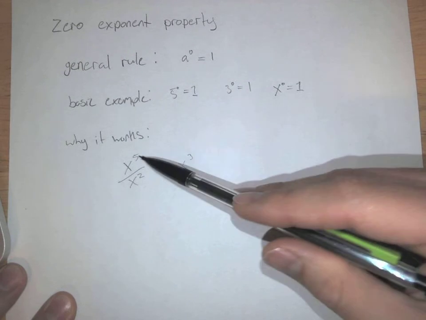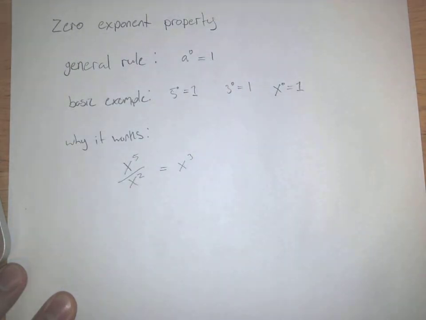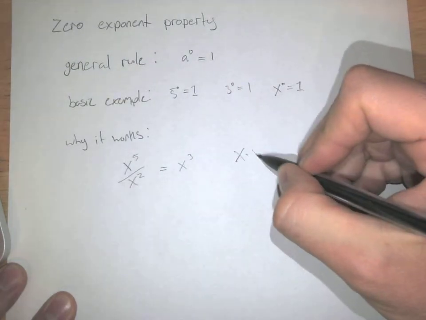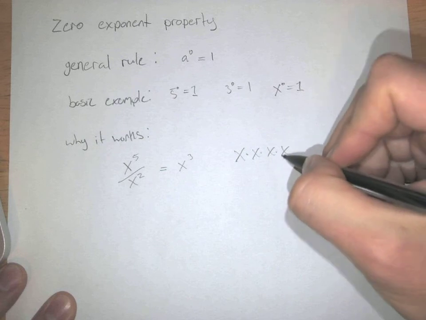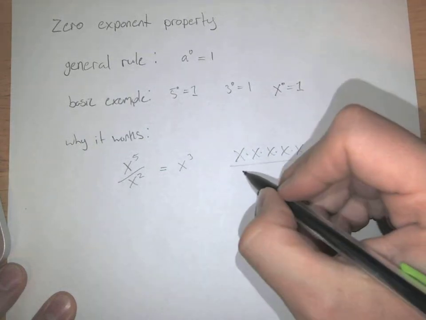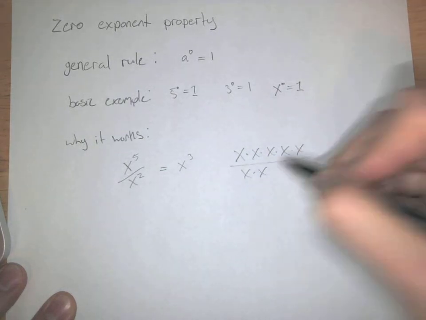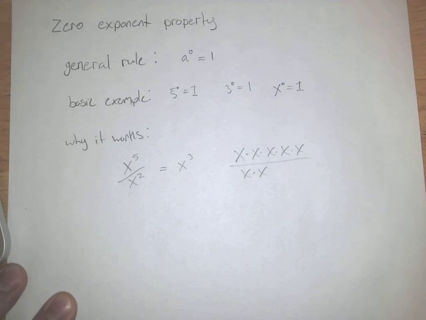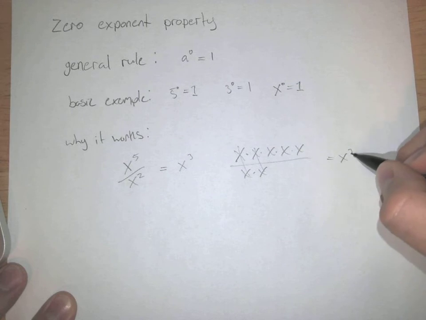You know that 5 minus 2 is 3. If we write it out, we can see that that's the case, because we can use our multiplicative inverse property and cancel this to get a 1 and cancel this to get a 1, and there's 3 x's left, and they're all multiplied.